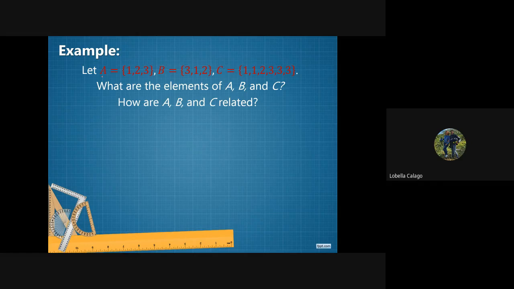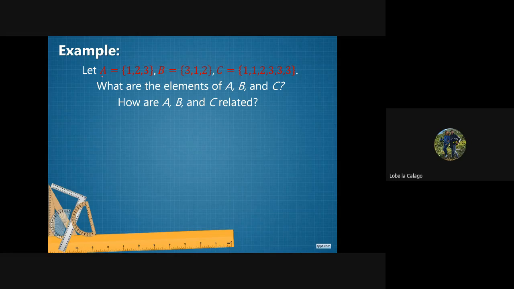B is unordered in its representation of 1, 2, 3. And then C is in increasing order, but some elements are displayed several times.